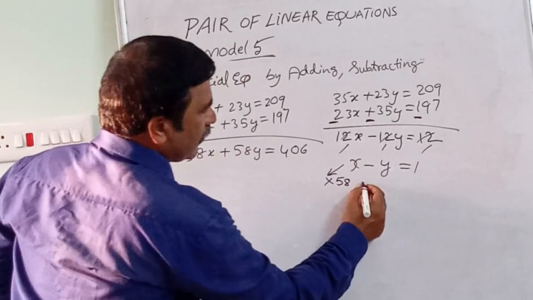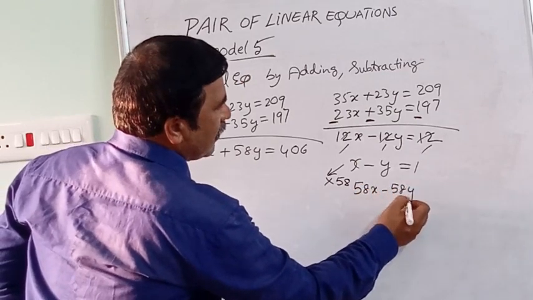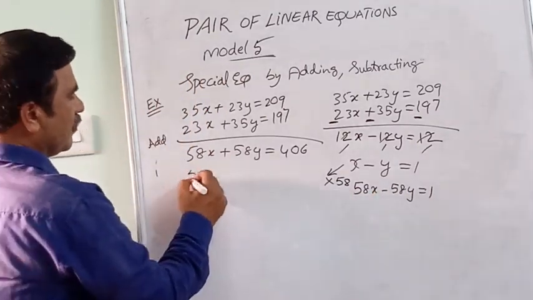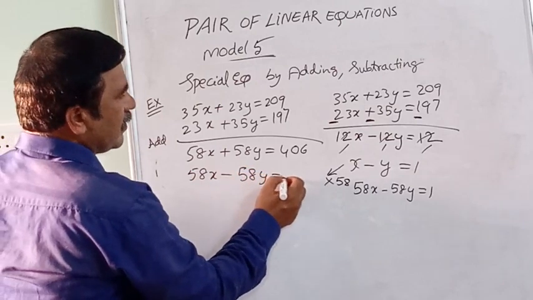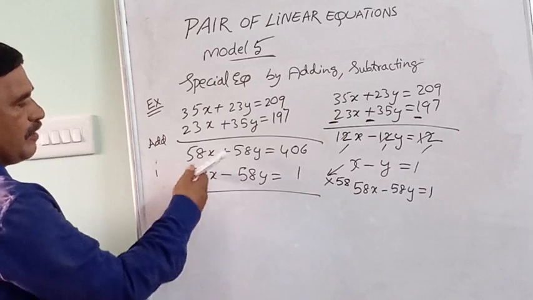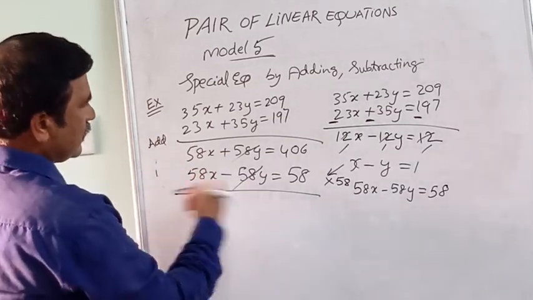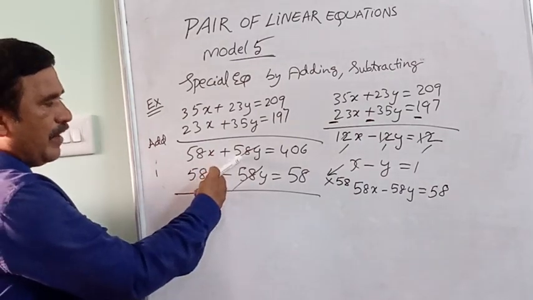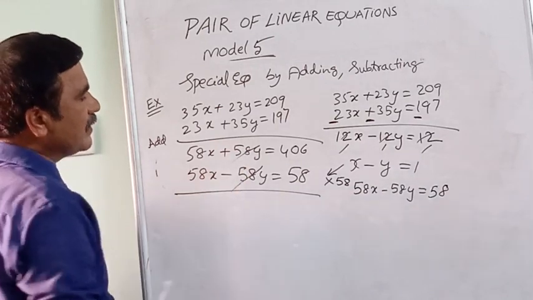What you will get? 58x minus 58y is equal to 58. Here, sign change is not required because plus 58y is there, minus 58y is there. You can cancel easily.